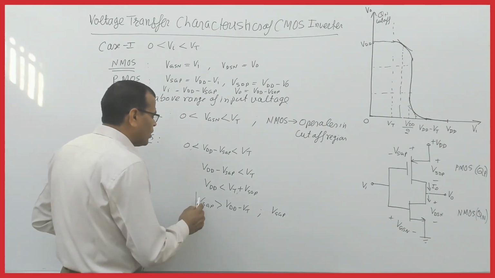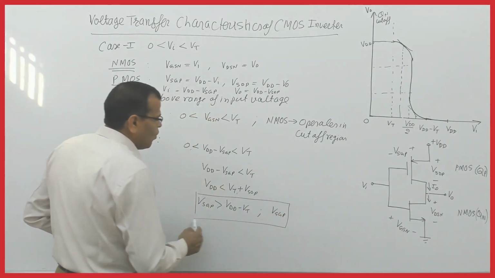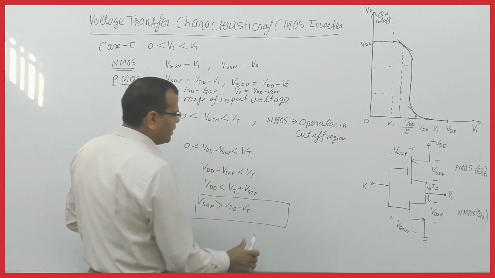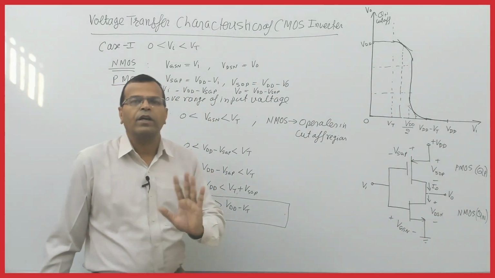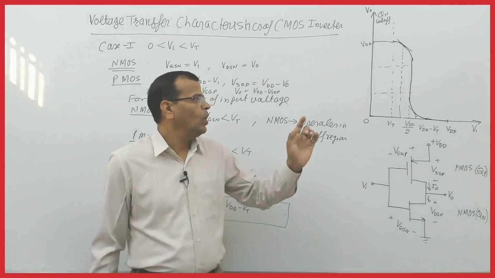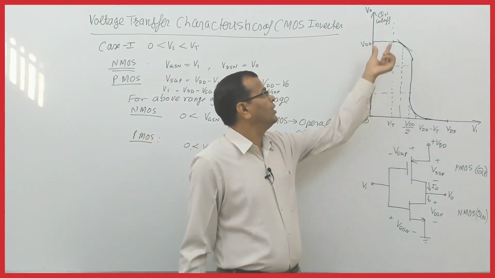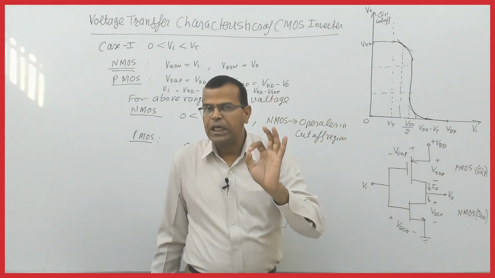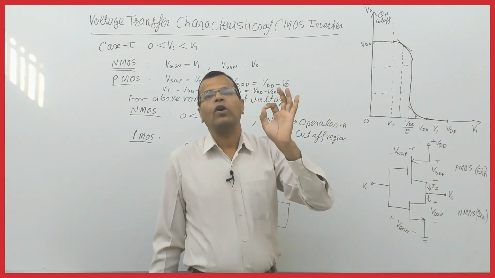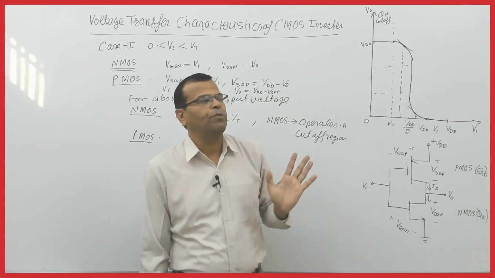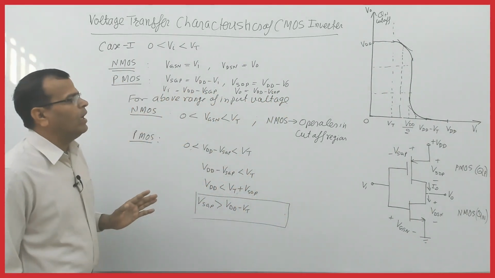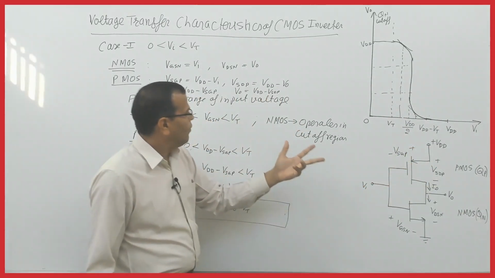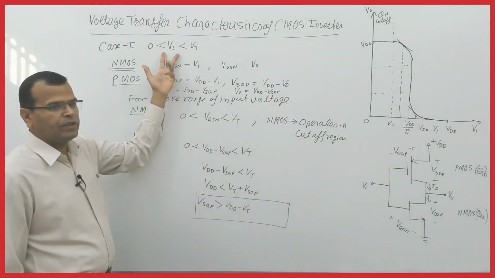This condition gives you one thing. It tells that it is not working in cutoff. So for this range of input voltage, Q1 is in cutoff and QP is either in saturation or in ohmic region of operation.